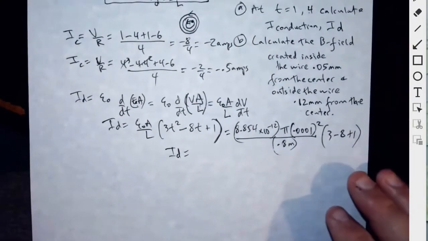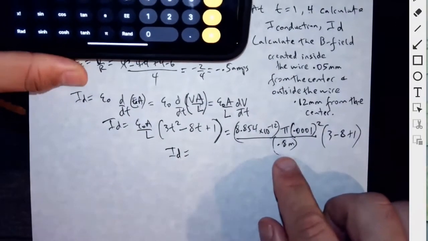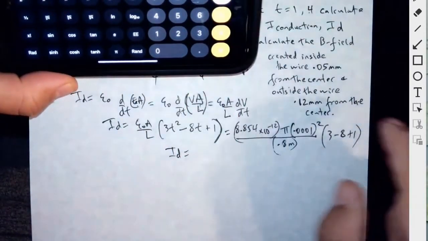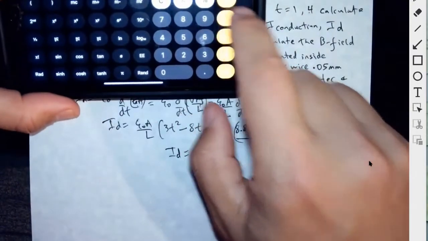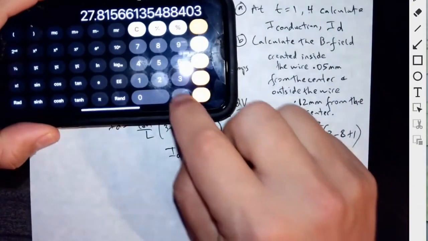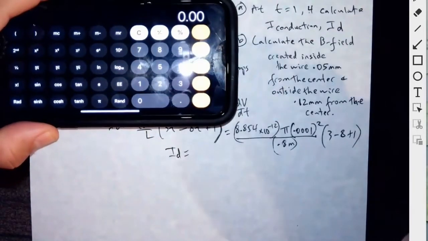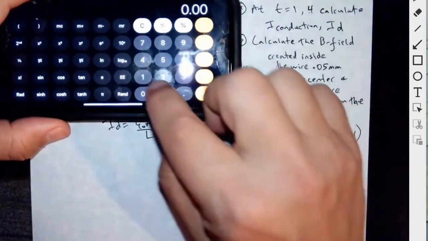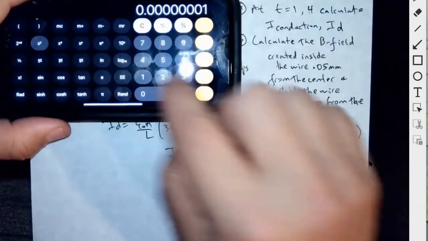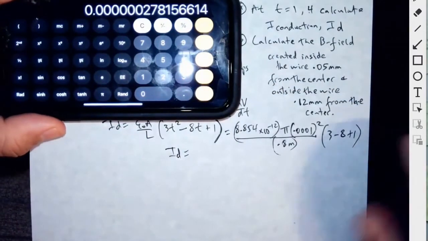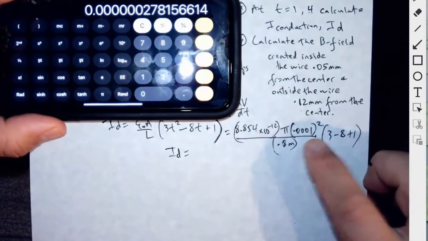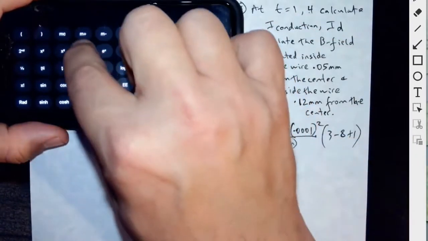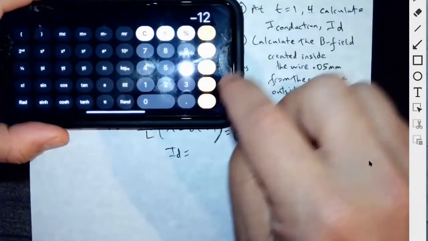Okay, so 8.854 times pi times 0.0001 squared, divided by 0.8 times 10 to the power 12 minus.